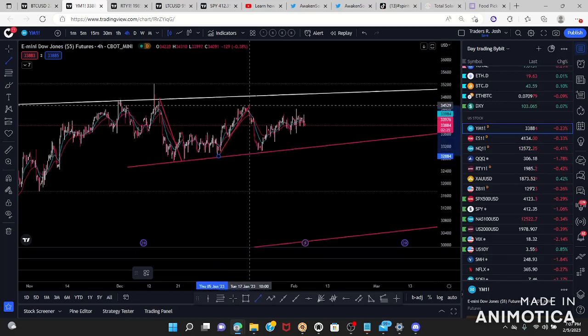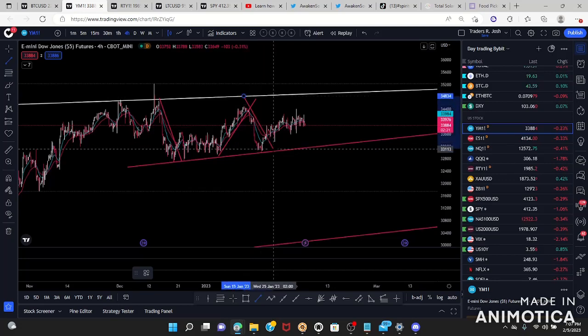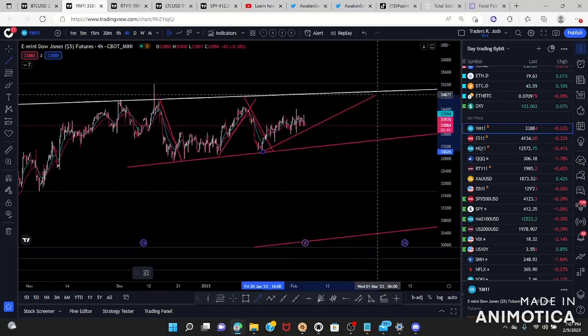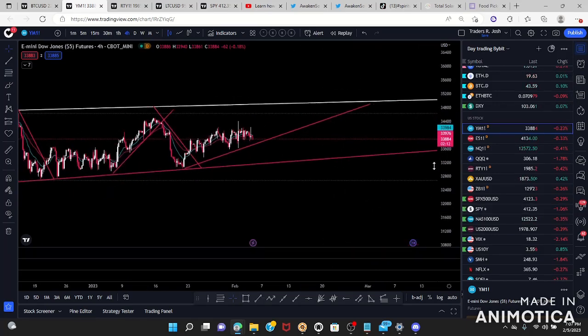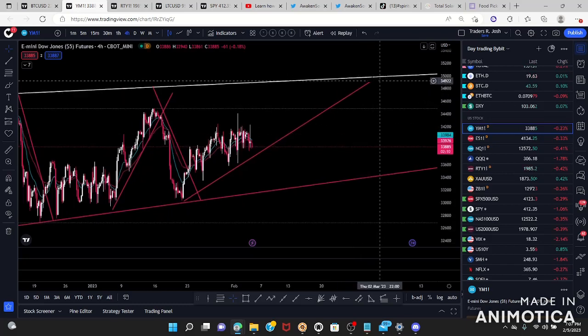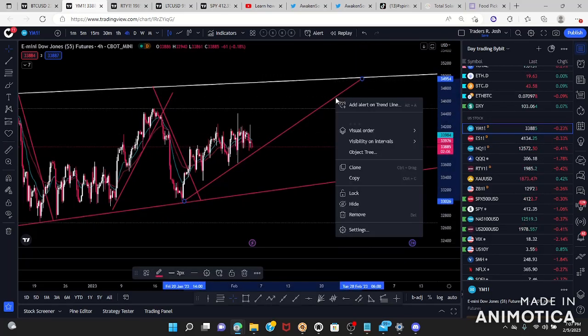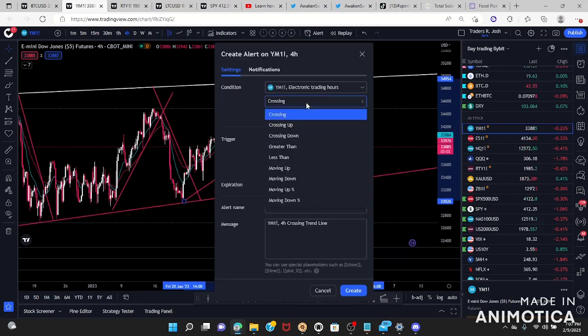Consolidation, trend up, trend down, trend up. So within the 4 hour, I would place an alarm here, because if the major indices come down, guess what? The whole market is coming down.